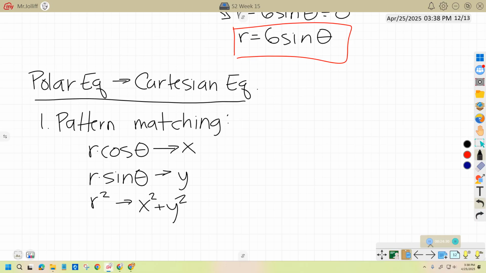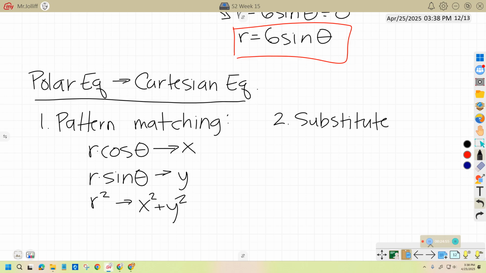And that's way easier than dealing with the square root of x squared plus y squared and tan inverse floating around. Yeah? So after you pattern match, the next step is you're going to substitute, just like we did. Once you know what this thing is equal to, plug it into the equation.